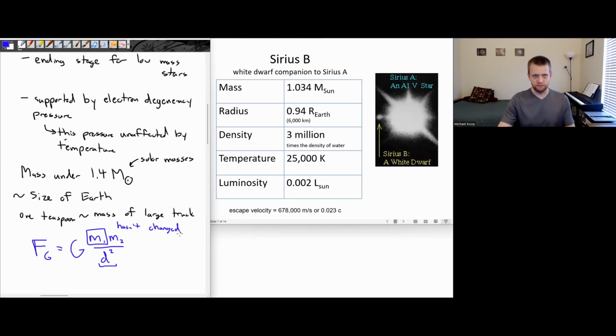In fact, the star that formed this white dwarf actually expelled material away before forming it, so the mass has actually gone down. What matters is that you can get very close to one of these relatively small objects.